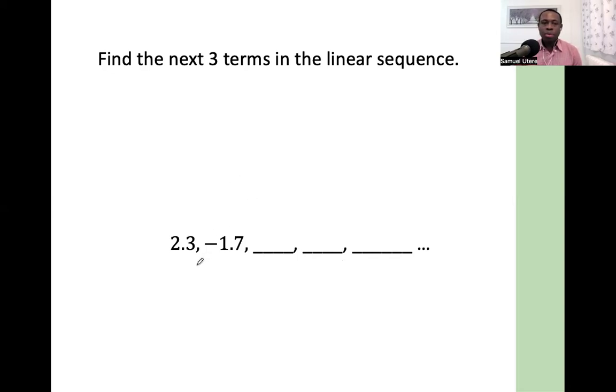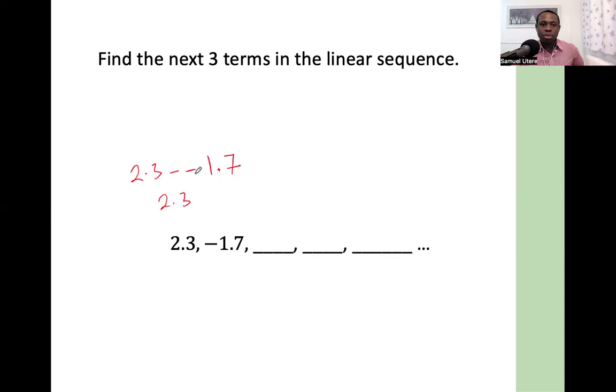Okay. So what is the difference between 2.3 and negative 1.7? Now remember what difference is. It's like saying 2.3 minus negative 1.7, because we're trying to subtract one from the other to find the difference between them. Now, this is the same thing as 2.3.